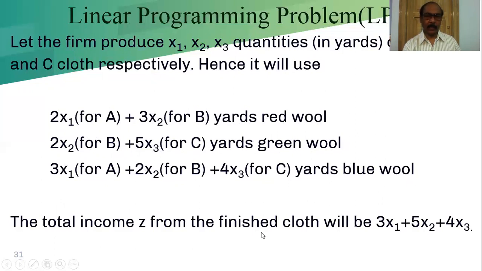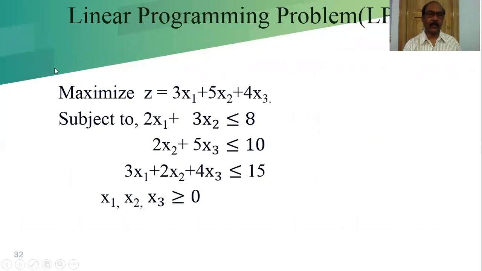And what is the total income we get? 3x1, 5x2 and 4x3. So we can write in our notation: maximize z equal to 3x1 plus 5x2 plus 4x3, subject to 2x1 plus 3x2 less than or equal to 8, because this is the stock of the red wool; 2x2 plus 5x3 less than or equal to 10, which is the green wool stock; 3x1 plus 2x2 plus 4x3 less than or equal to 15; and x1, x2, x3 greater than or equal to 0.